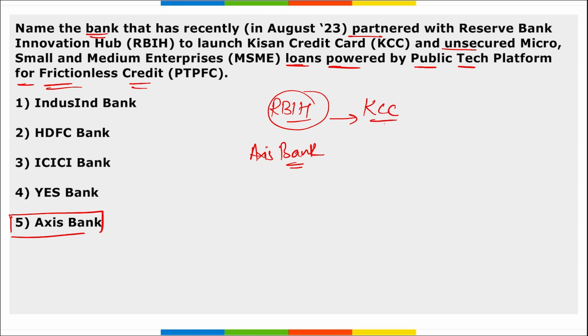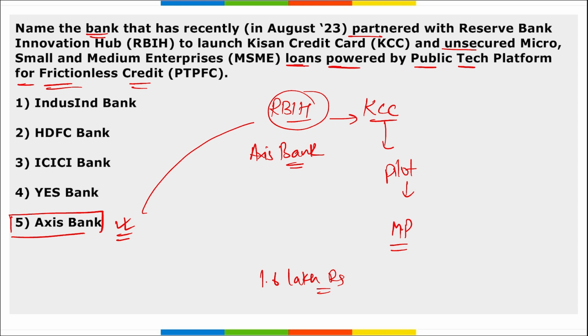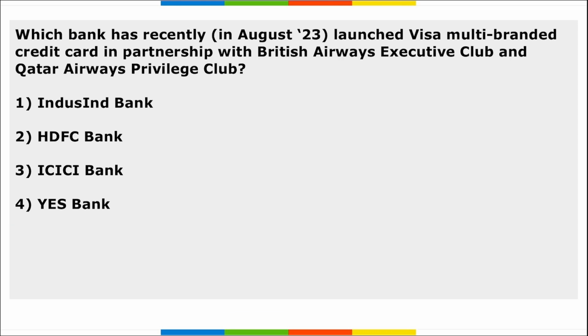Right? This Kisan Credit Card will be launched on a pilot basis, that means on a trial basis, and it will be introduced in the state of Madhya Pradesh. Here customers can access the card amount of up to 1.6 lakh rupees, and MSME loans will be made available across India, and this will offer loans of up to 10 lakh rupees to the customers. Correct? So it is your Axis Bank that has tied up with RBI Hub.